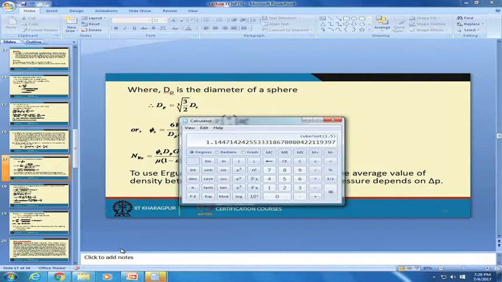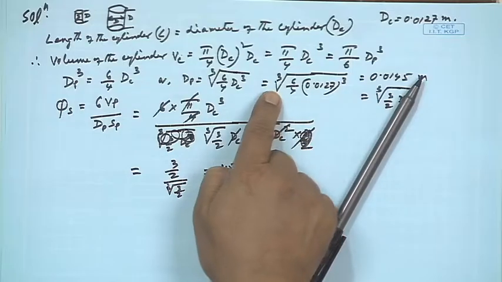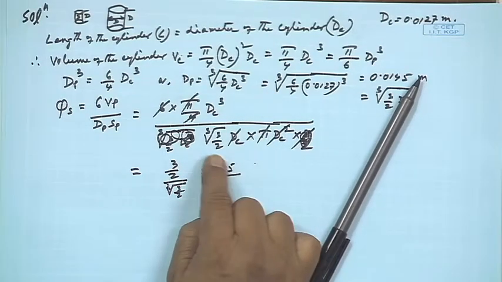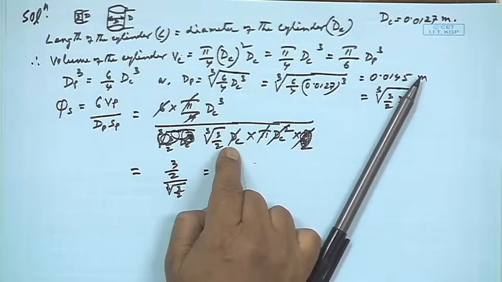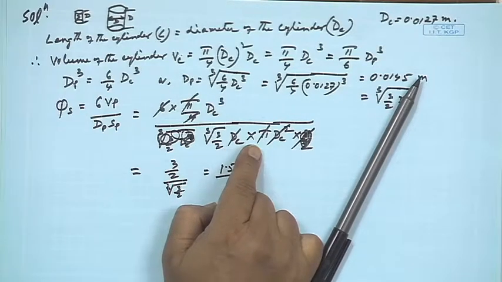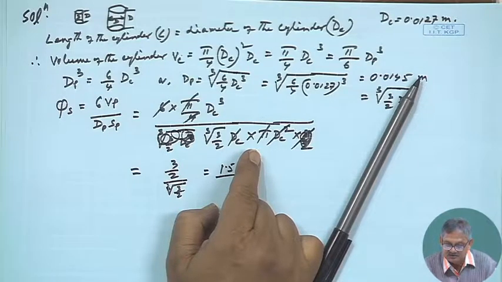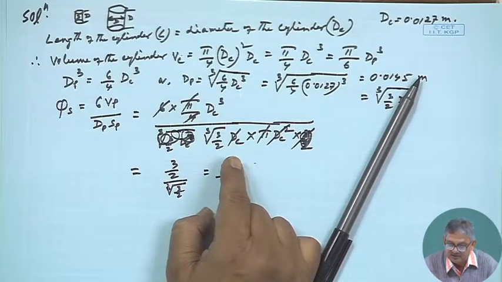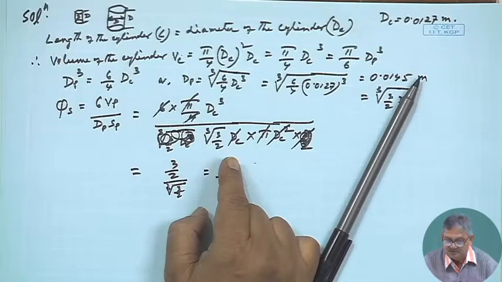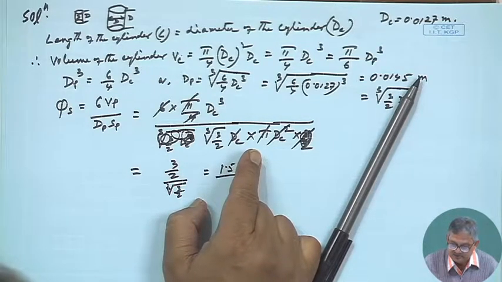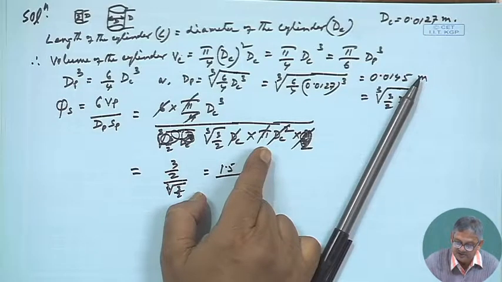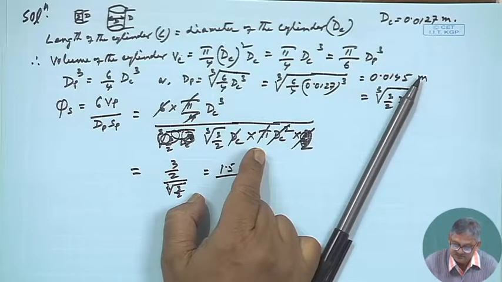Six Vp, Vp is pi by 4 dc cube. Fine. And dp is cube root of 3 by 2 dc. Fine. And this is pi dc square, that is the Sp, the surface area of this particle. Right.